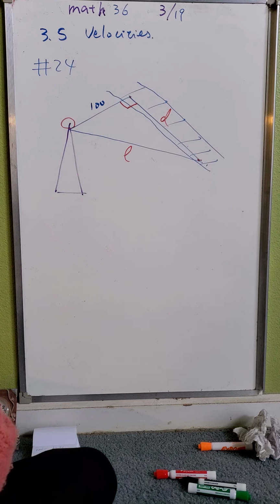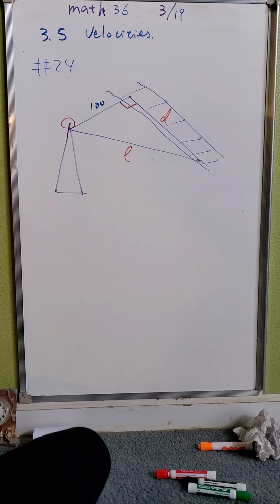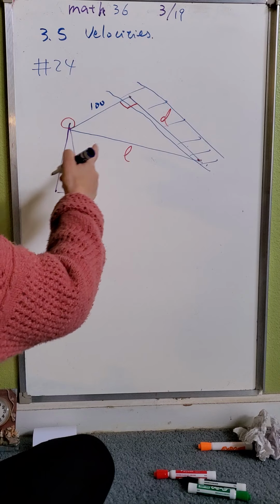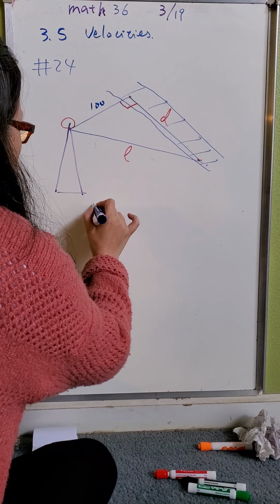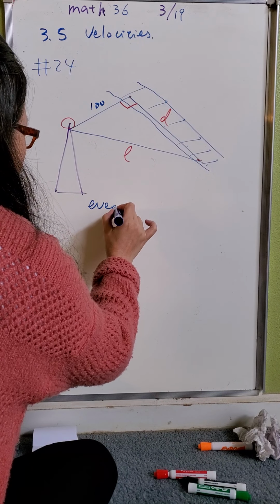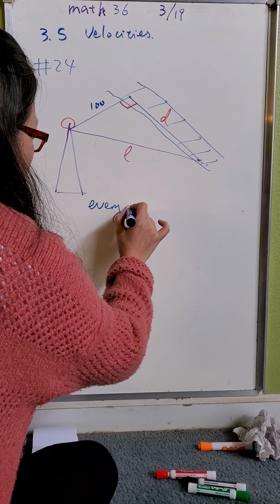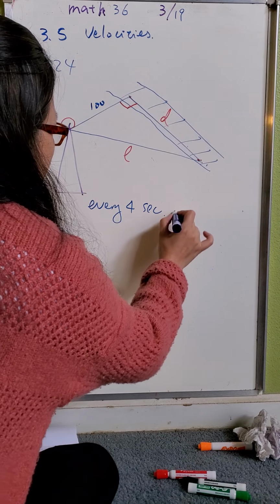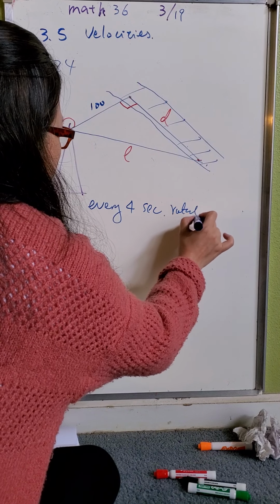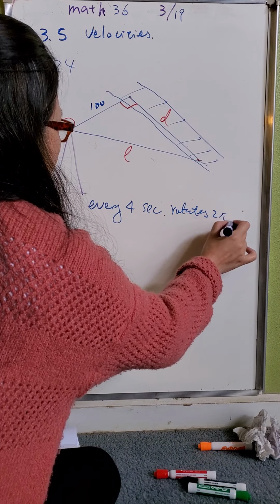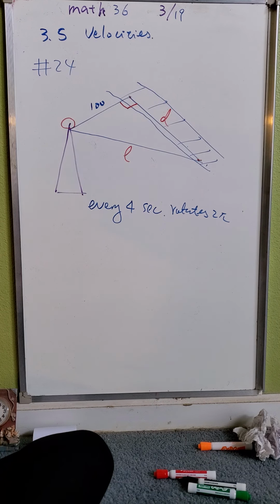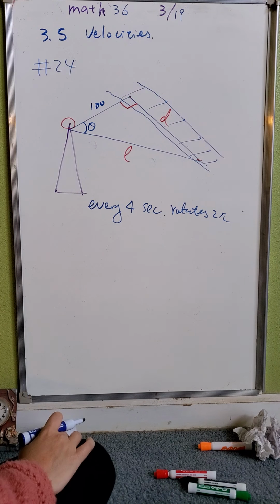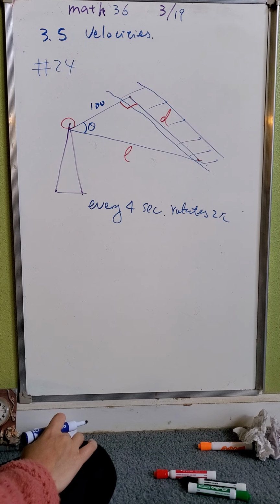They tell you that every 4 seconds, they rotate 2 pi. So I'm going to give a theta right here. I want to know for every second what's my theta.